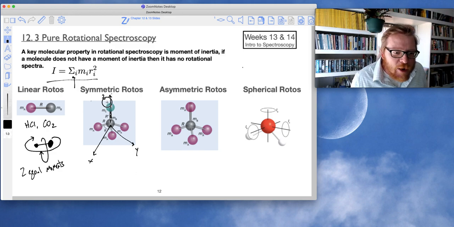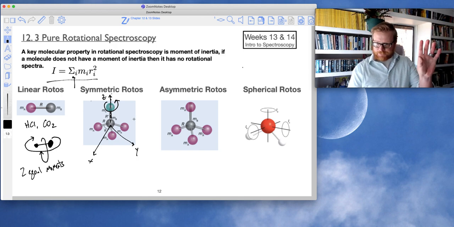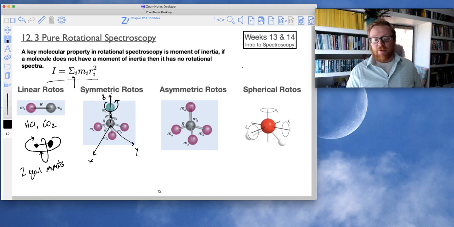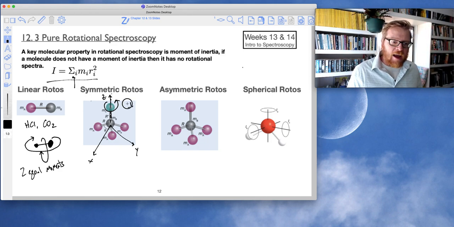Well, you notice here, if I rotate it just around this Z-axis, that's going to create a moment of inertia because of these masses that are swinging around. And we call that the I parallel. And then also, if I rotate around these axes, both of those are going to be equal.